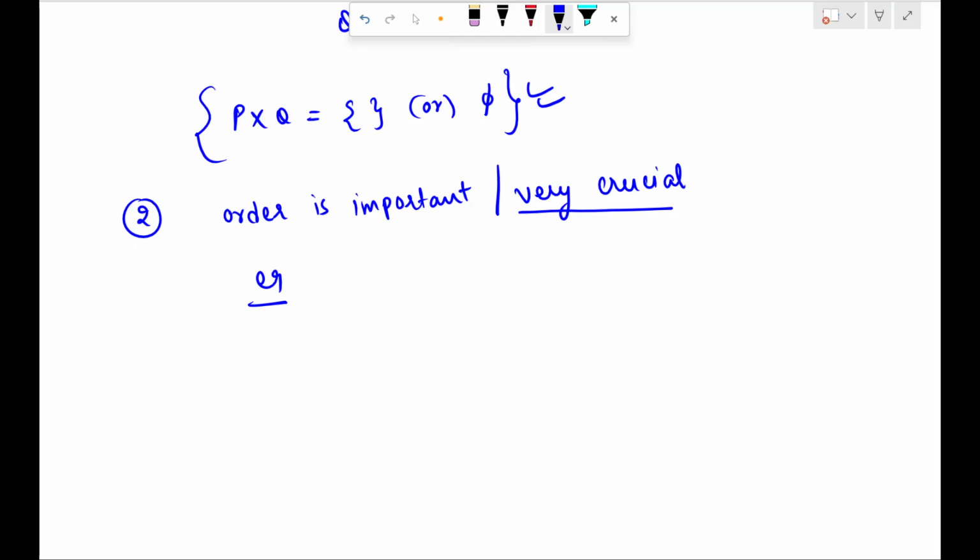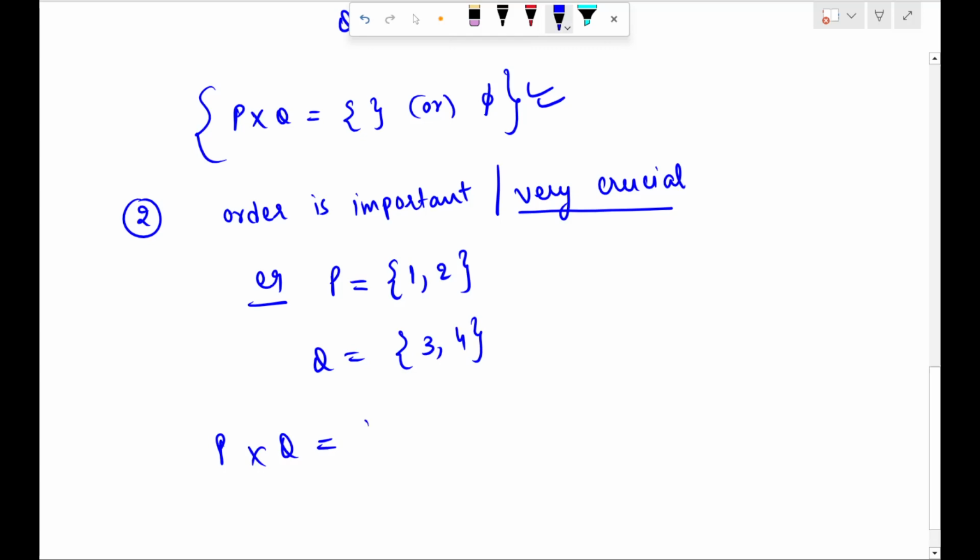Example: if P is the set {1, 2} and Q is the set {3, 4}, then P cross Q is (1,3), (1,4), (2,3), and (2,4).